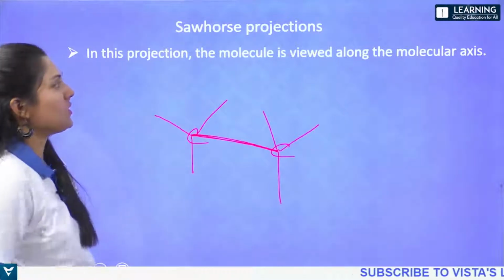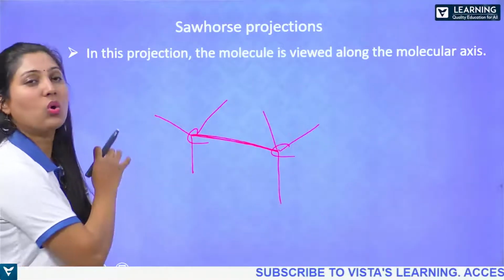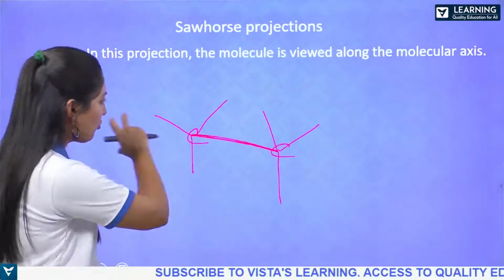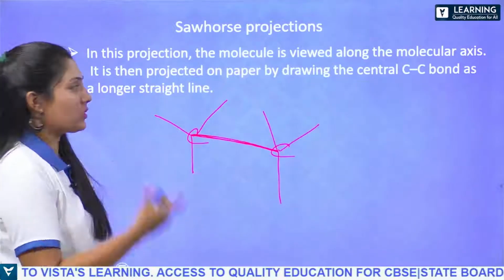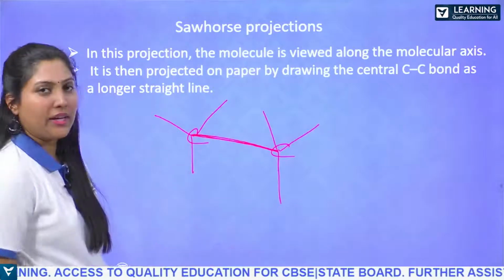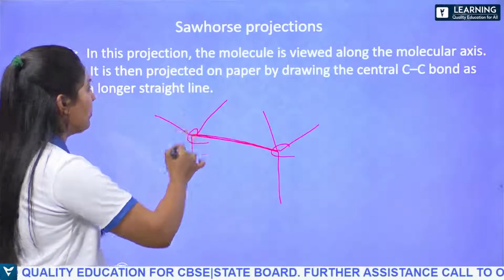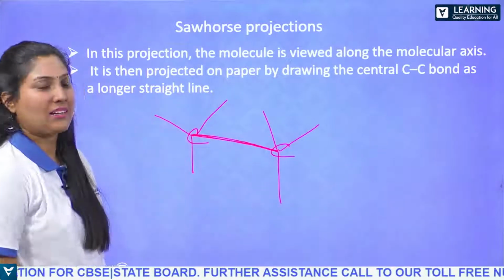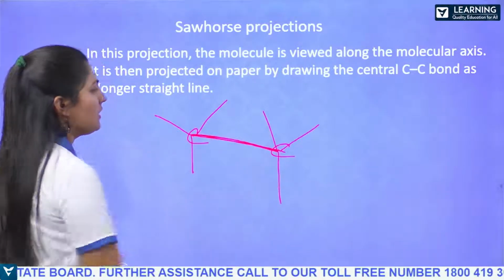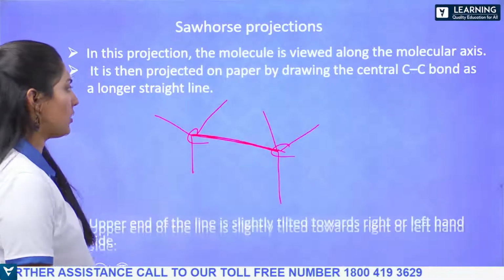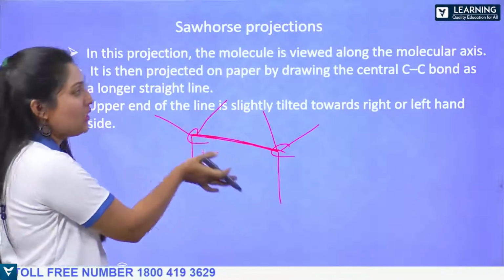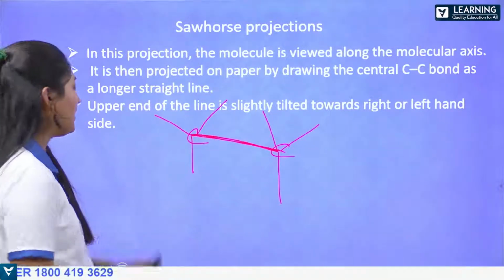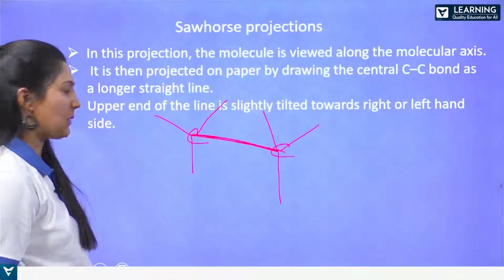In this projection, the molecule is viewed along the molecular axis, and it is then projected on the paper by drawing the central carbon-carbon bond as a longer straight line. The upper end of the line is slightly tilted towards the right or the left, so that you can have a difference.